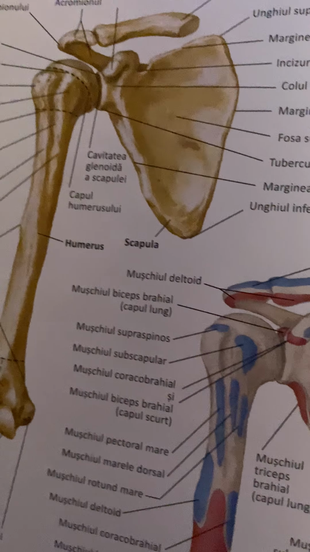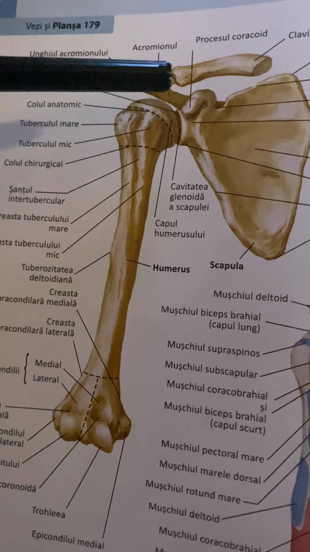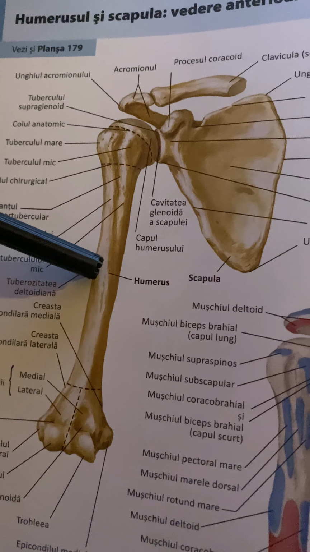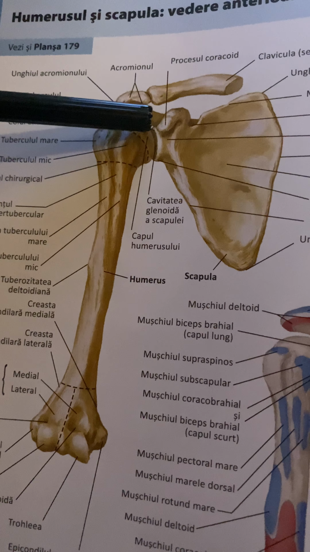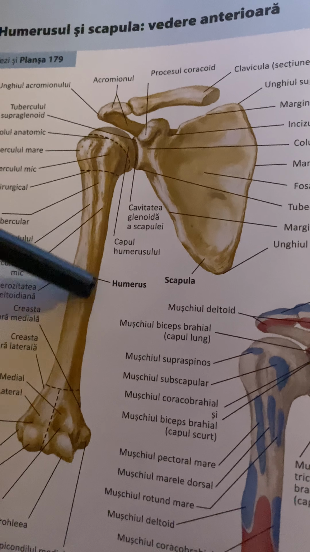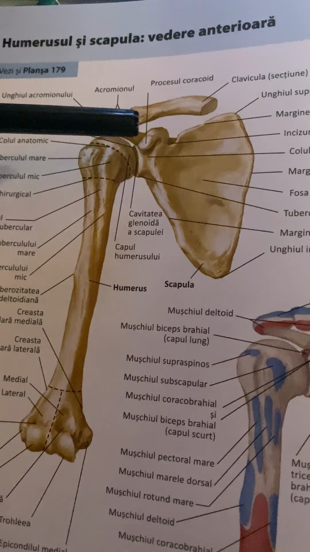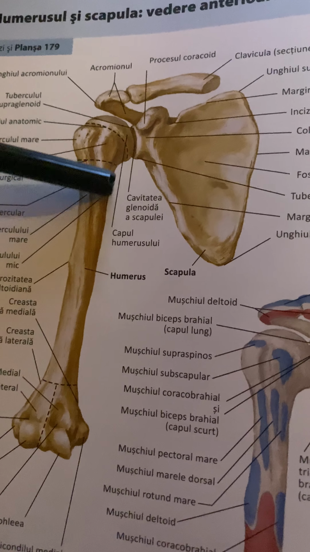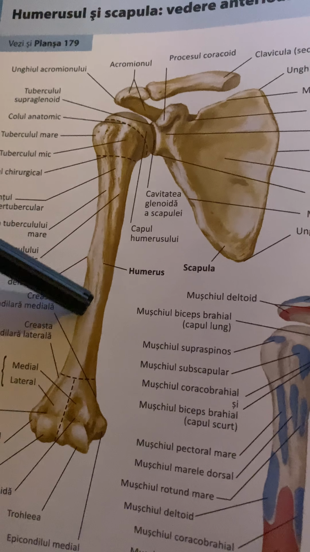And if we are to talk about the muscles that are going to be placed on the anterior side of the humerus, we have the biceps brachii with its long head coming through the intertubercle groove and inserted here on the superior tuberosity of the glenoid cavity, and the small head, which is going to be inserted on the coracoid process.